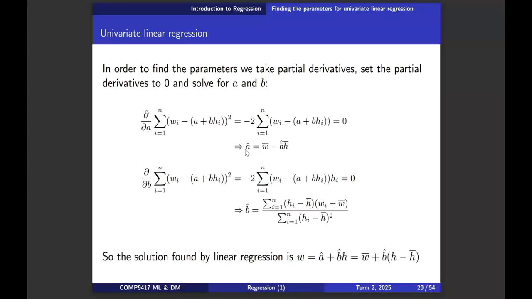So this is A, or A hat, because it's an estimate of A, in terms of weight average, B hat, height average. That's essentially what we got before. The second is B, or B hat; I didn't put in the hats because we're just deriving it, but essentially it is an estimate.